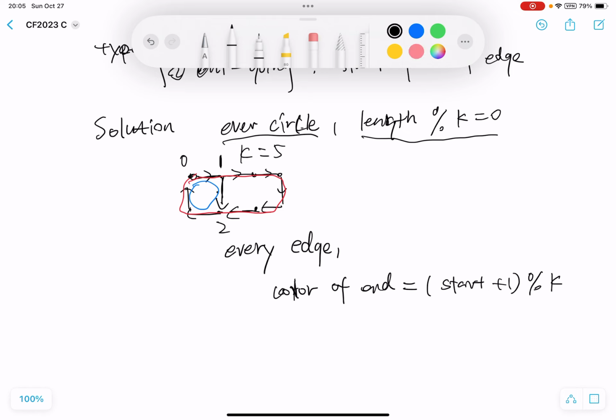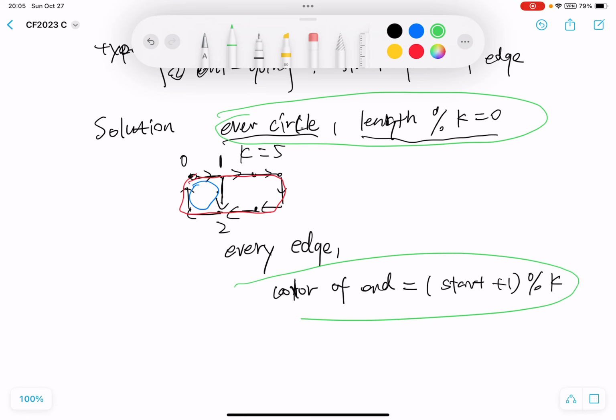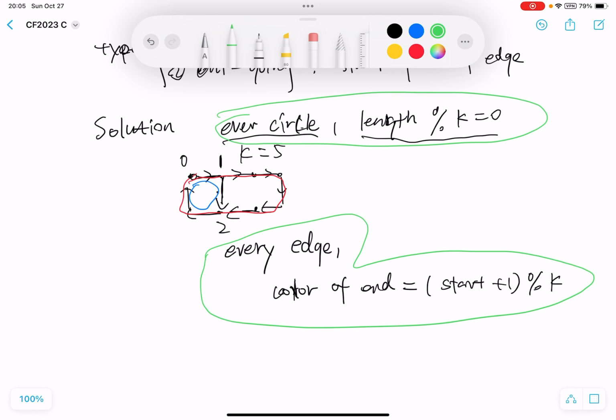Actually, these two pieces of information are equal. We can check by taking this example. If this is 0, 1, 2, and this will be 3, then after 3 plus 1, modulus k will be 0, because actually k is not 5, k will be 4.